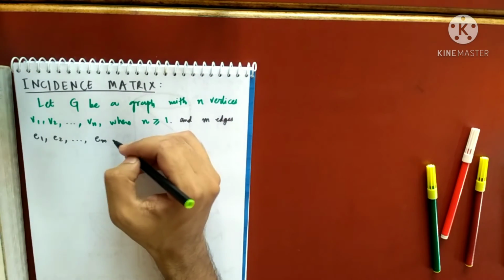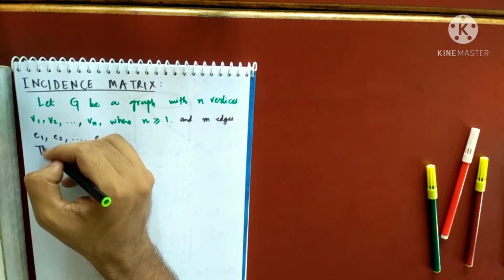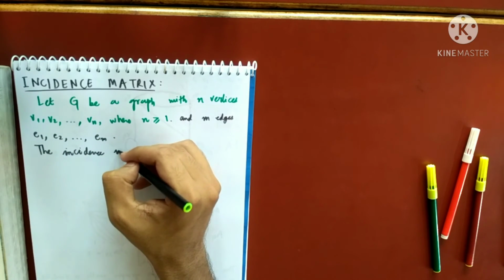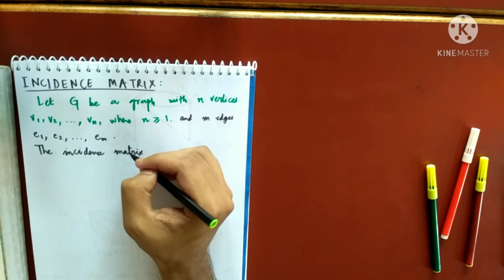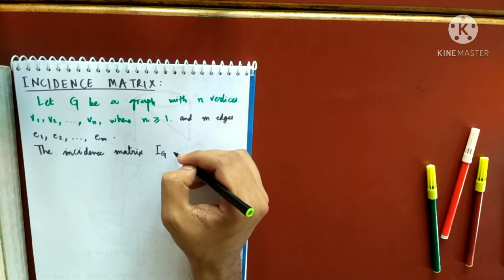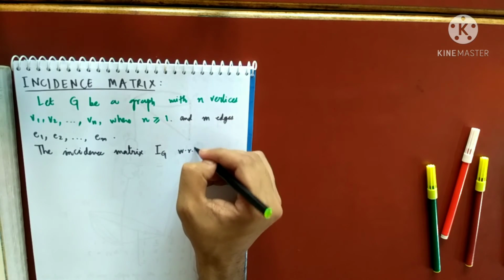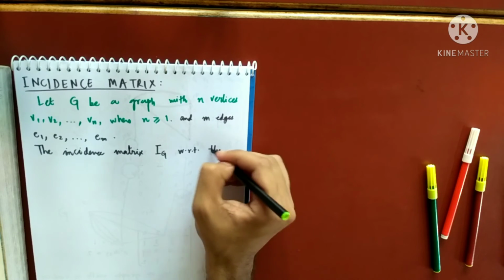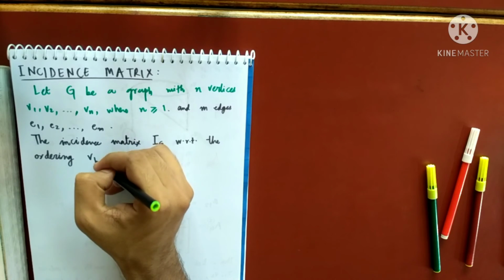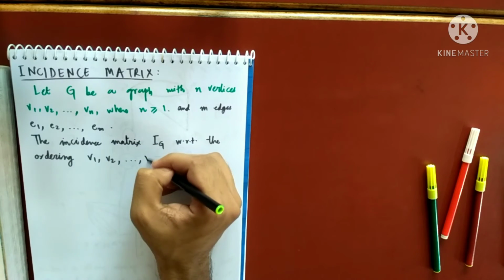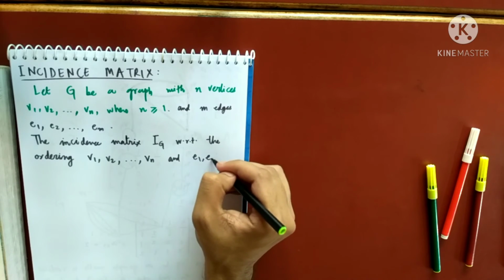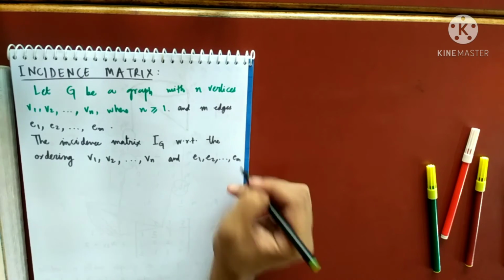Okay, the incidence matrix IG with respect to the ordering v1, v2, ..., vn and e1, ... So here both orderings will be essential.